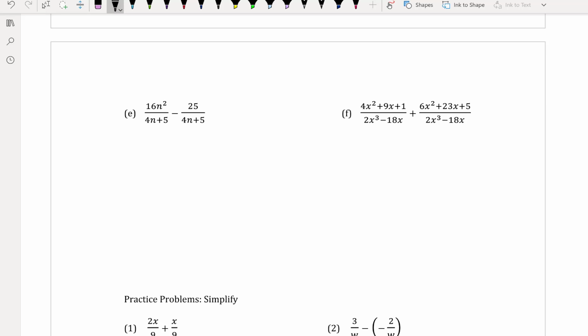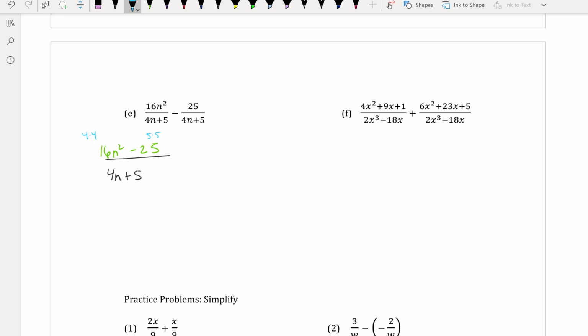Alright, so for letter E, I'm going to have the same thing. I have the same denominator, so perfect, 4n plus 5. That is my denominator. Now in my numerator, I have a 16n squared. It's being subtracted by 25. Well, I know that 4 times 4 is 16, and that 5 times 5 is 25.